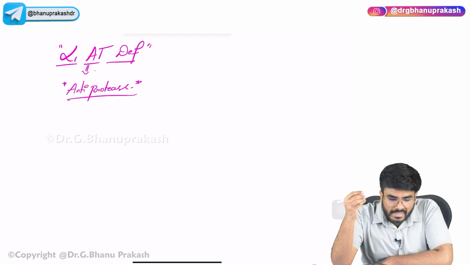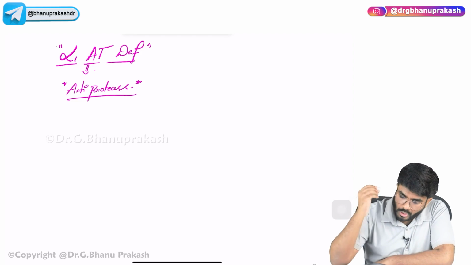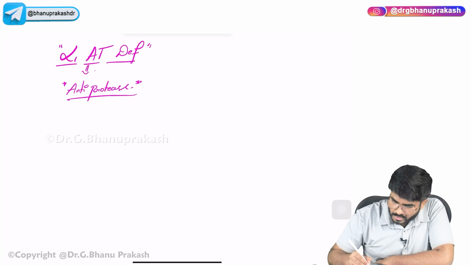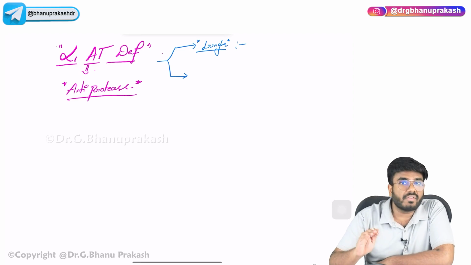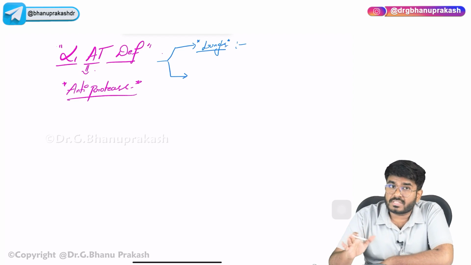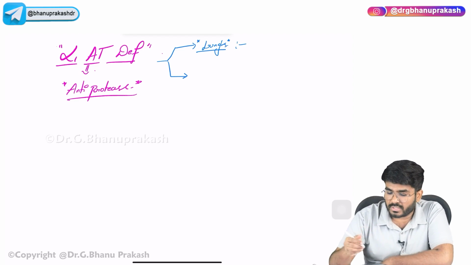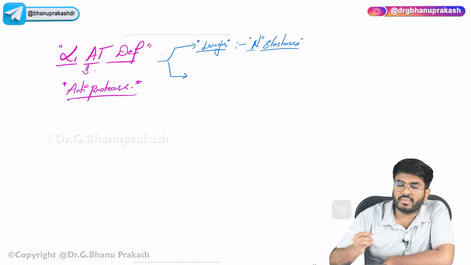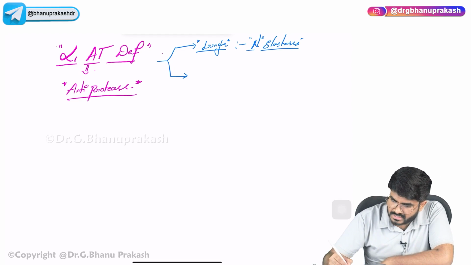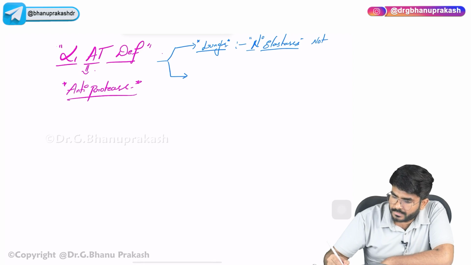In alpha-1 antitrypsin deficiency, two organ systems are going to be affected. Most students know that the lungs will be affected. How? When this antiprotease is not there, the neutrophilic elastases, which are enzymes, are not inhibited.